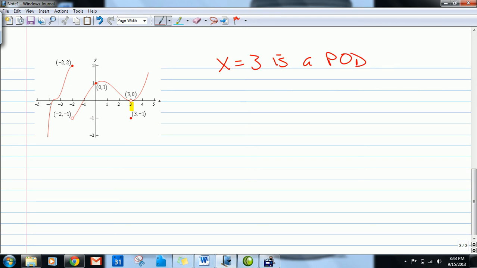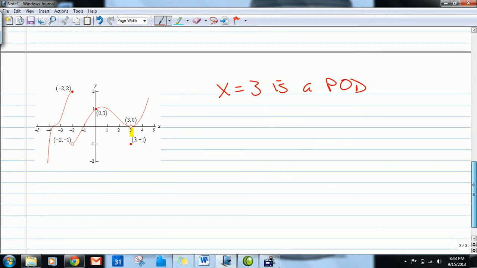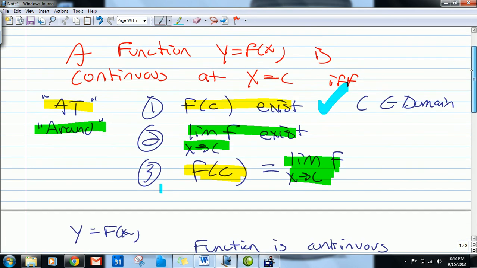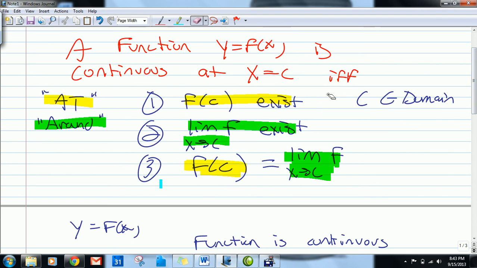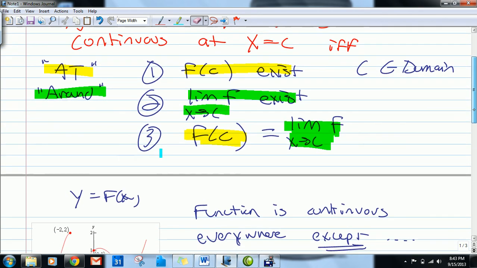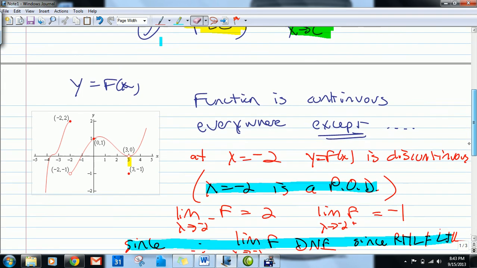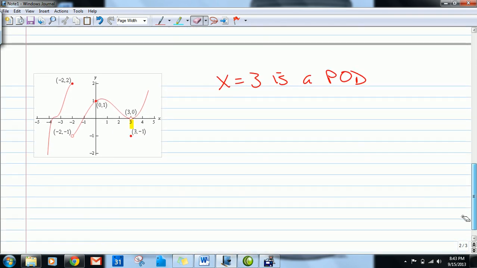So why do you think that x equals 3 is a point of discontinuity? And again, to refresh your memory, if any one of these three things breaks down, then we have discontinuity at that point. So the function has to exist at that point, the limit has to exist at that point, and those two numbers have to be the same. So what's going on at 3?